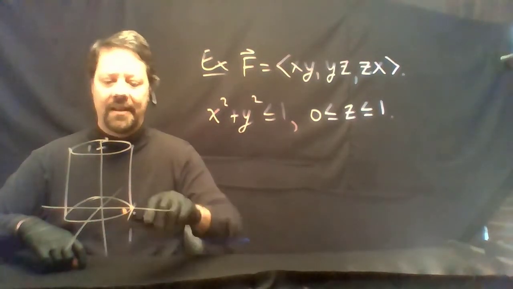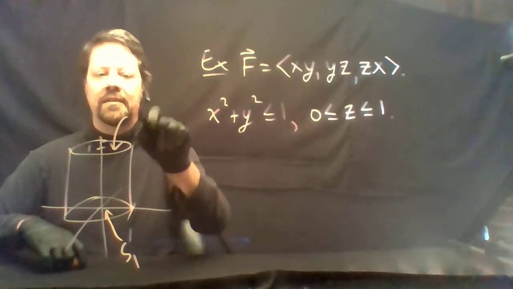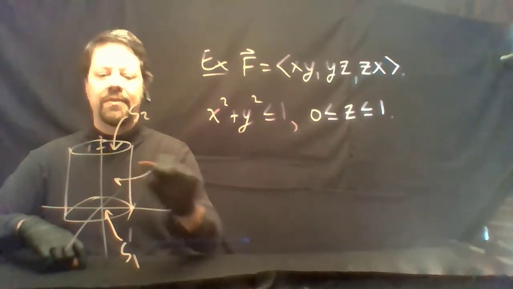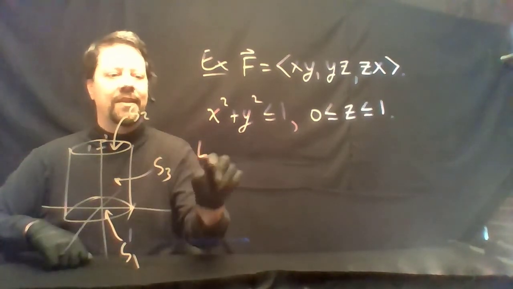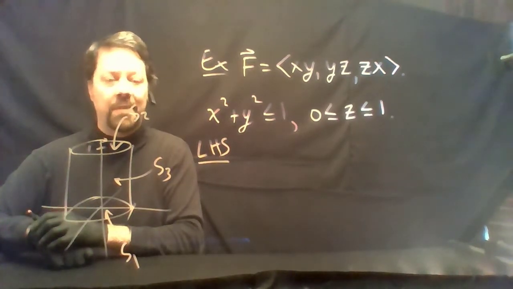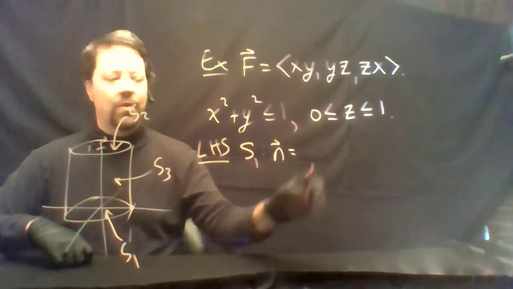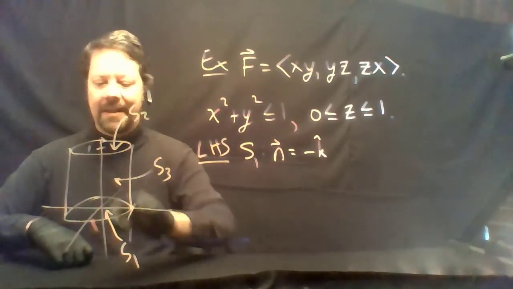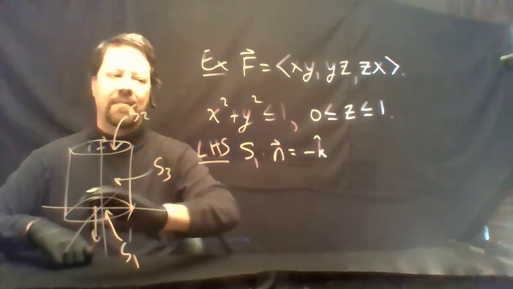The boundary of the solid has 3 surfaces. On the bottom there's surface 1, on the top there's surface 2, and on the side there's surface 3. So on the left-hand side, we have to do surface integrals over all 3 parts. On surface 1, the normal is minus k because it points straight down at each point across the base.